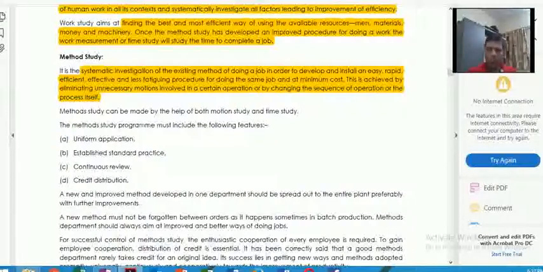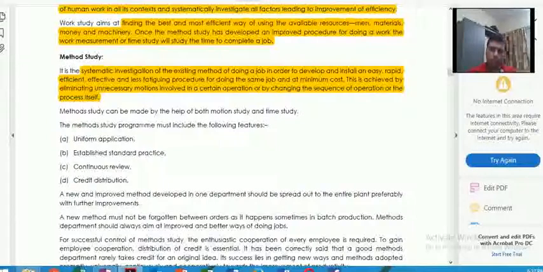All these things which I have explained to you till date, what is the meaning of all this? It is nothing but trying to improve the working conditions on the shop floor by doing all the studies. Why are we doing all the studies, studying time, motion and everything? This is done just to improve the working conditions on the shop floor so that profitability is maintained and minimum cost is achieved.